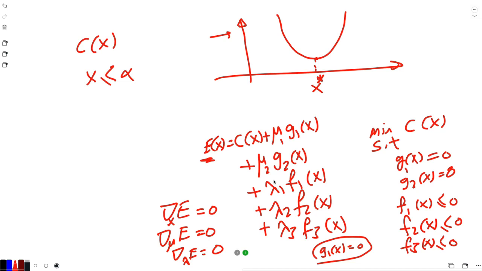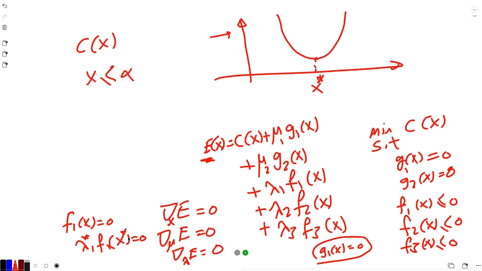And when you take the differentiation with respect to lambda 1, what you will get is f1 of x equal to 0. Okay, and in that case, either you achieve this equation, which means that the added value here equals 0, or lambda 1 equal to 0. So remember, the optimum lambda 1 times f1 of the optimum x is always equal to 0, because one of them must be 0.